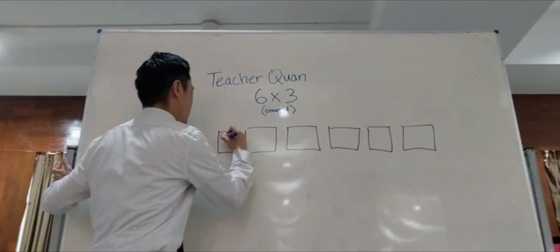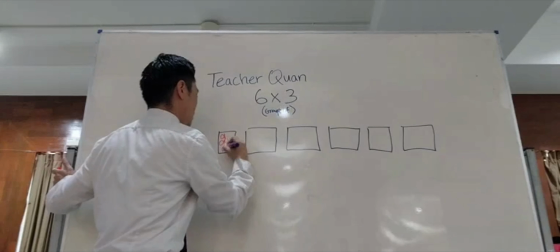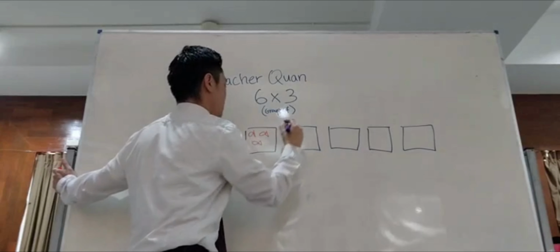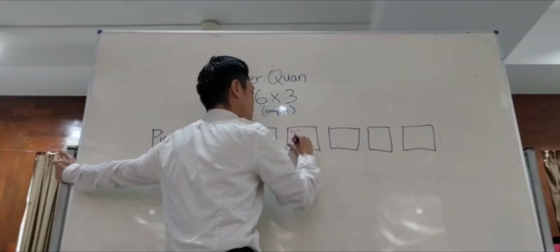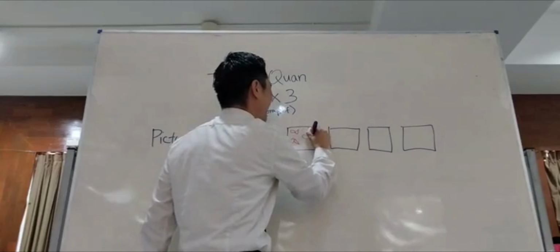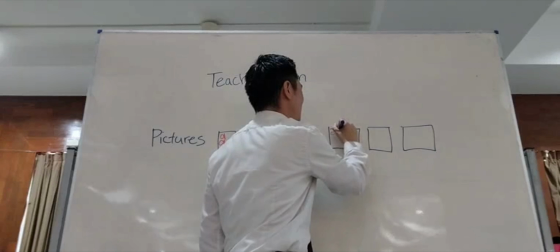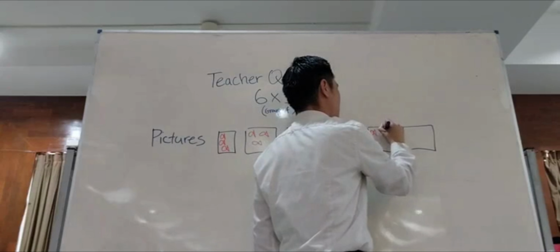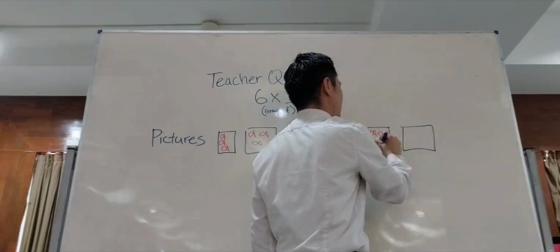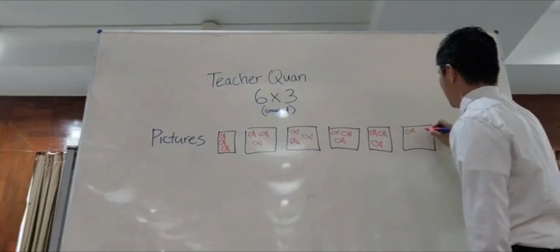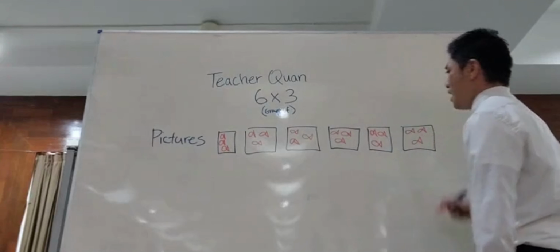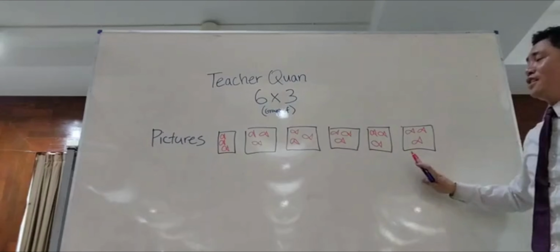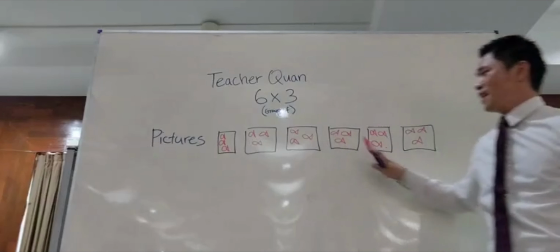So 1, 2, 3. 1, 2, 3. 1, 2, 3. 1, 2, 3. Okay. And then 1, 2, 3. Okay, so we have our 6 fish tanks, each with 3 fish, okay?